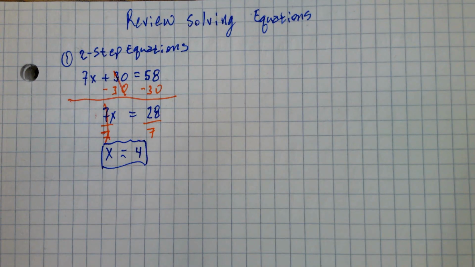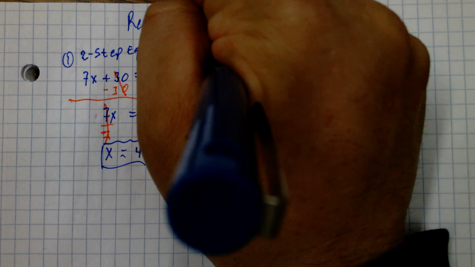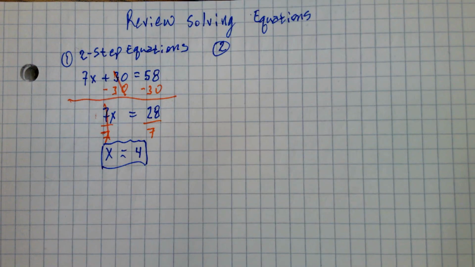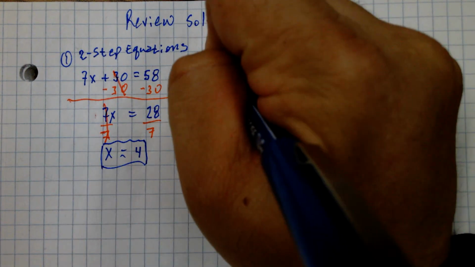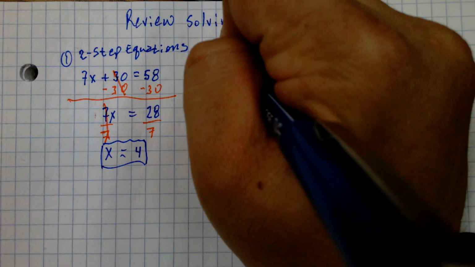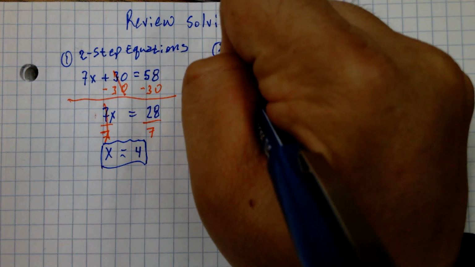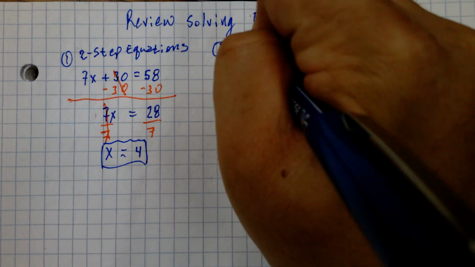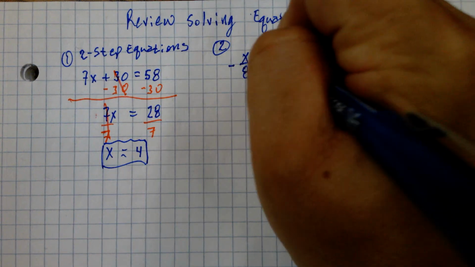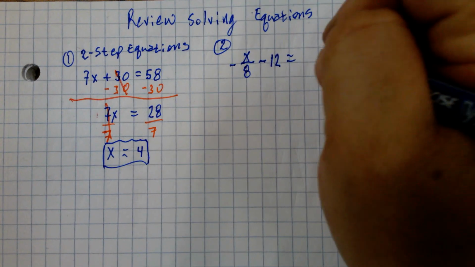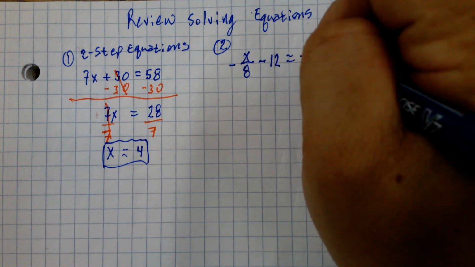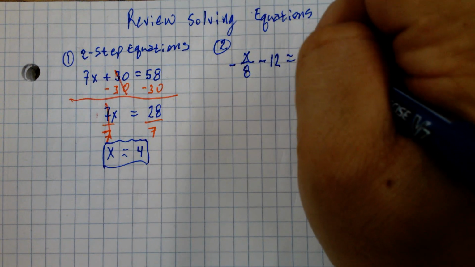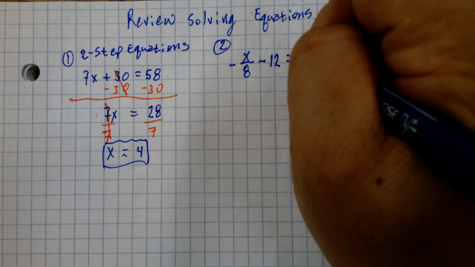Okay, so that's one type that we're going to do. Let's do this one. Let's say we have negative x eighths minus 12 equals negative 8.